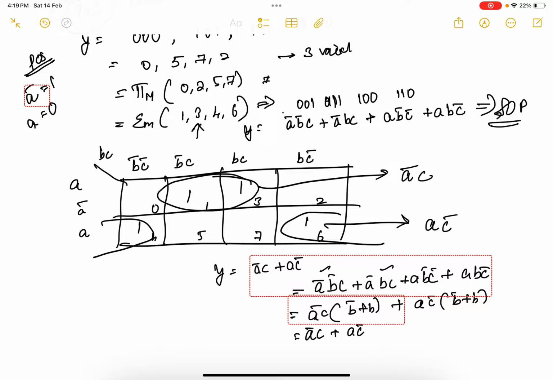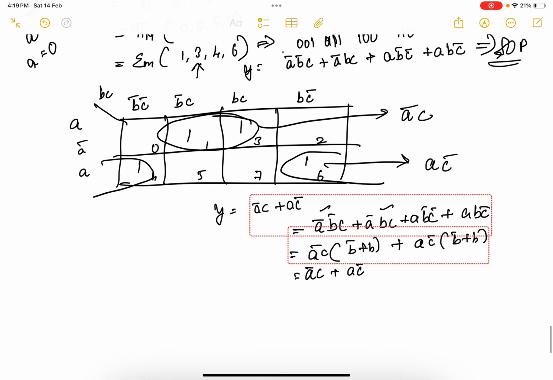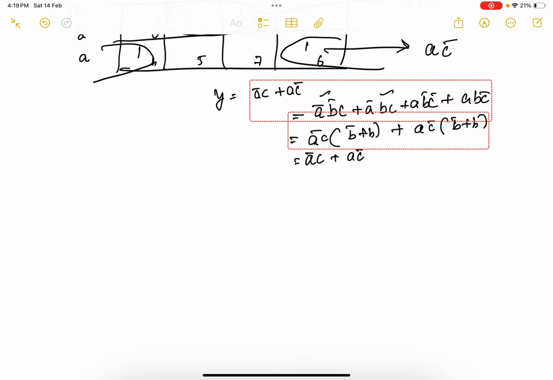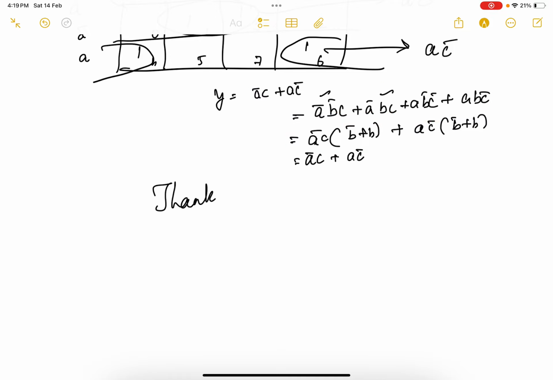Got it? So this is by using your Boolean laws. So from your POS expression I can convert into your SOP expression, or from your SOP expression I can convert into your POS expression.